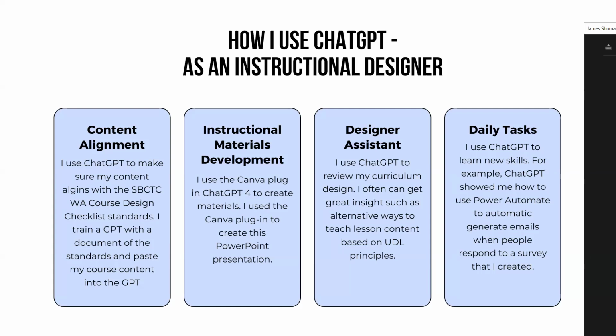Has anyone ever done something like this? Put it in the chat if you have ever used ChatGPT to make sure your content, or something that you've written, aligns with a set of standards. Not yet. I really recommend doing this. This is something that's really, really neat and saves a lot of time.